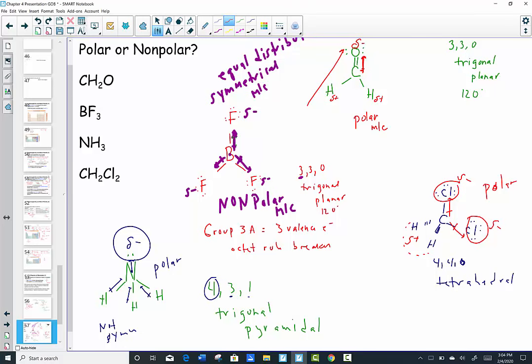Polar means an unequal distribution of electron density around the entire structure. We have a very rich region of electron charge on the chlorines and a very deficient electron distribution on those two hydrogens. So we said polar, nonpolar, polar, polar.